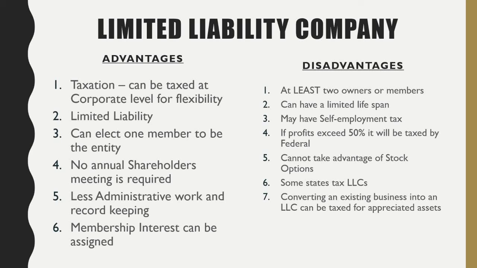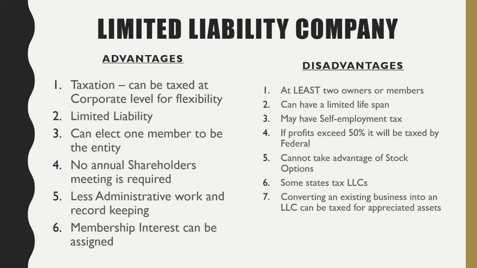All right, and you can elect one member to be the entity. So you can have someone be the president, or most companies do CEOs of a limited liability company. Another thing is there is no annual shareholders meeting.